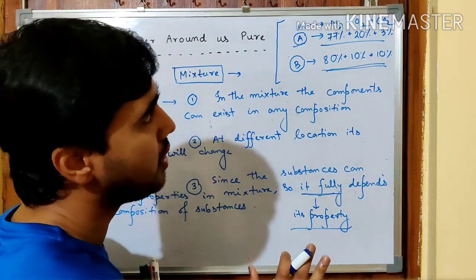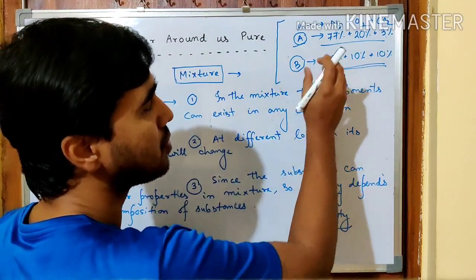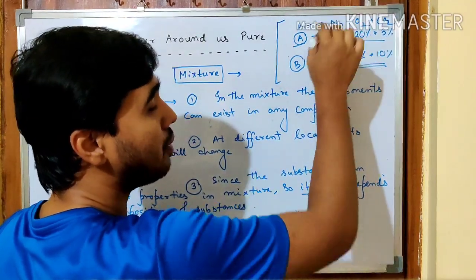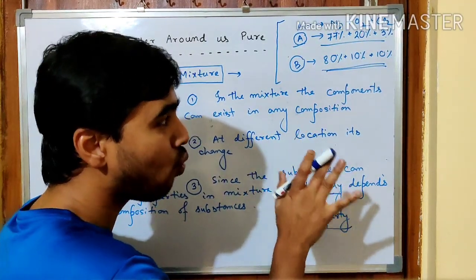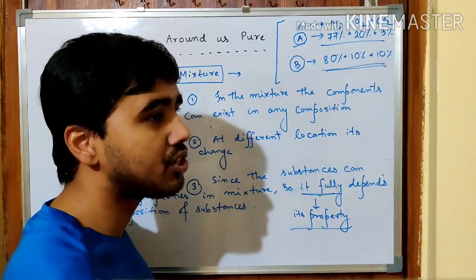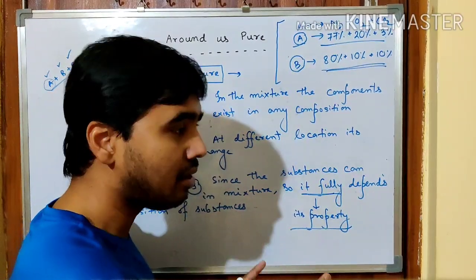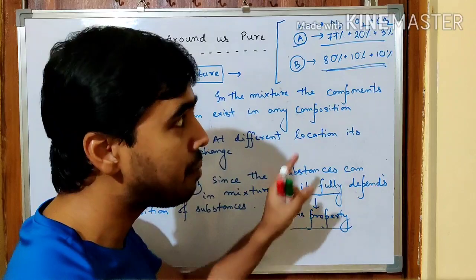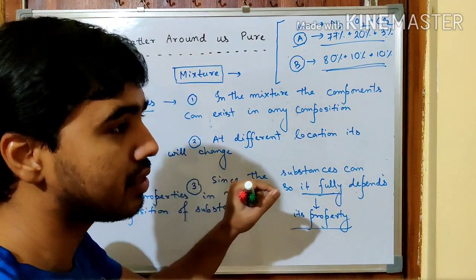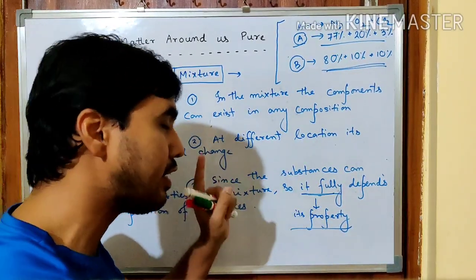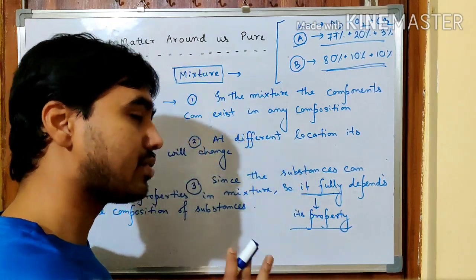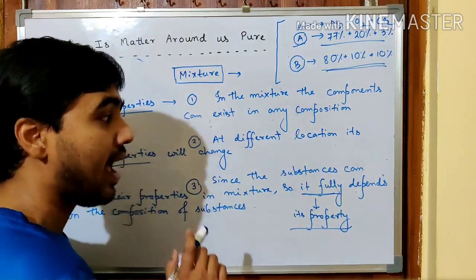So what does it mean? More amount of a particular substance has its own effect on the mixture. In the mixture, if A, B and C are present, having different physical as well as chemical properties, they keep their properties in the mixture.